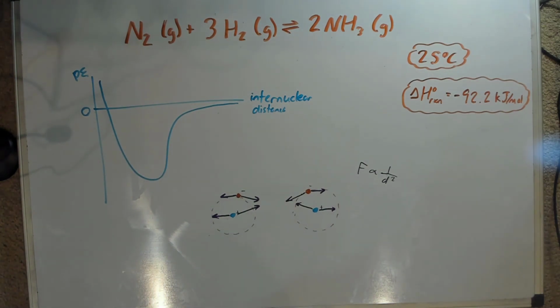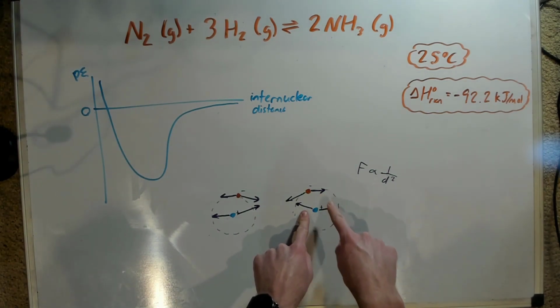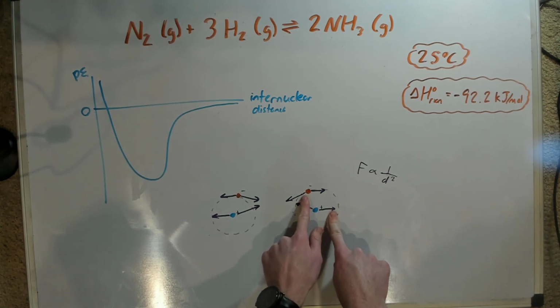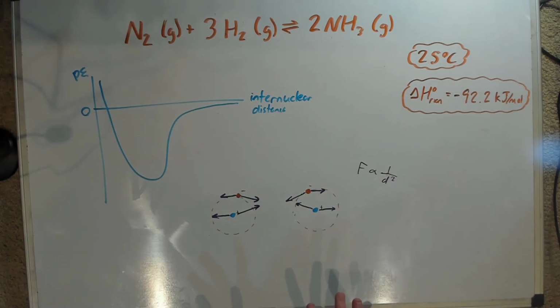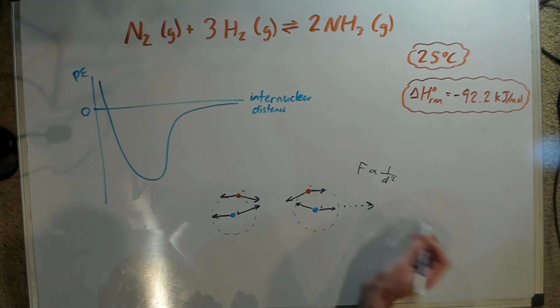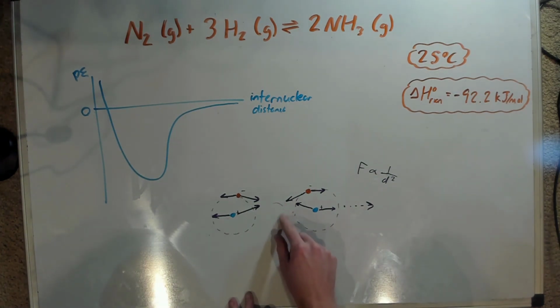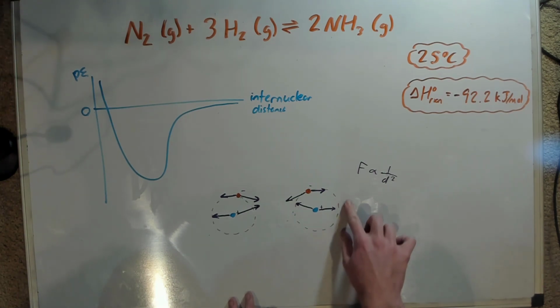There is a tendency for all of these forces to be in opposite directions, so there will be an overall cancellation that results in a net force in some direction. It's typically a net force either this way or that way, and on the other atom as well, just because that's how they work.